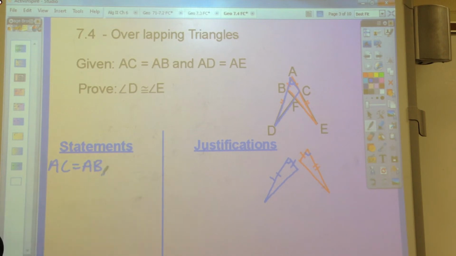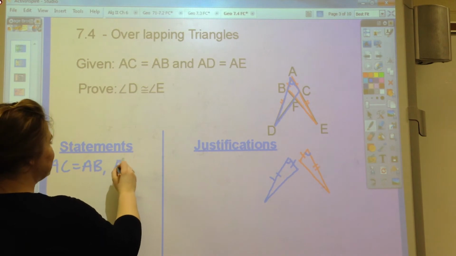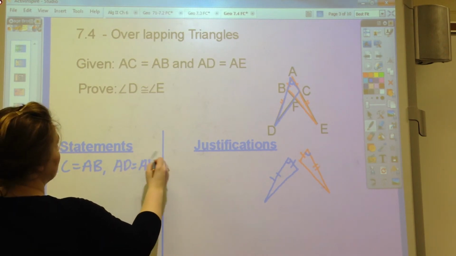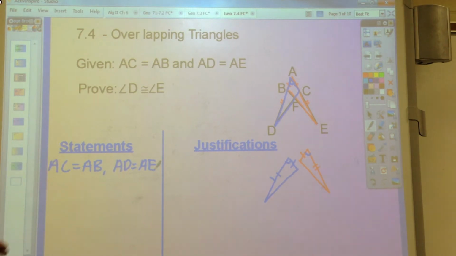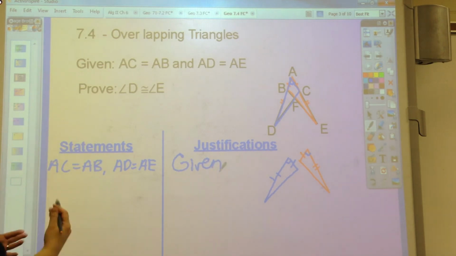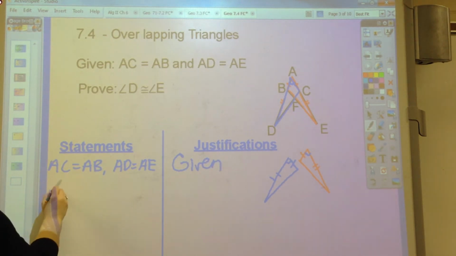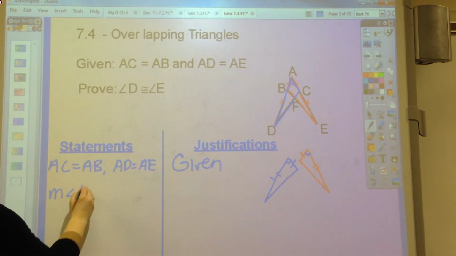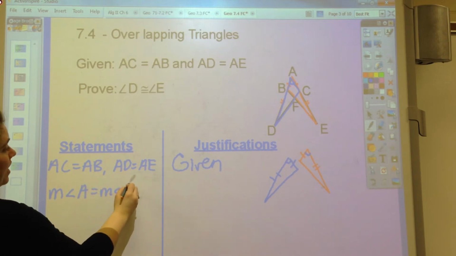Here I'm talking about their length, so I don't need my segment symbol. And AD equals AE. Given. Now I'm going to say the measure of angle A equals the measure of angle A.